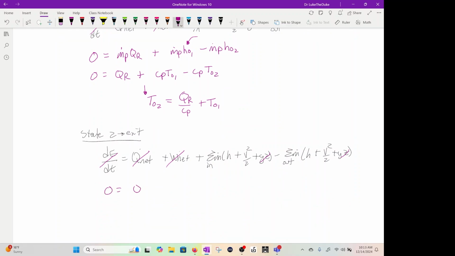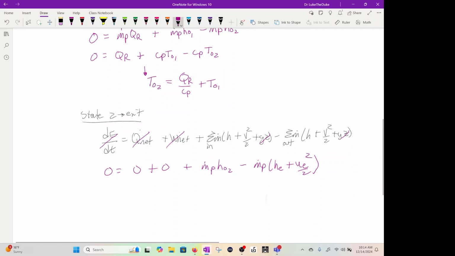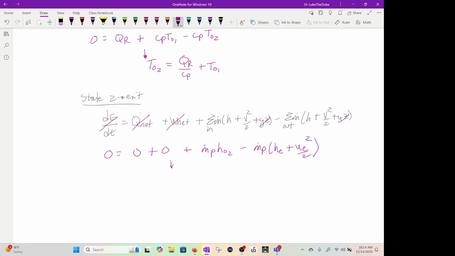So 0 equals 0 plus 0 plus m dot of the propellant times h naught 2 minus m dot of the propellant times he plus ue squared over 2. All right, we end up getting ue squared over 2 equals h naught 2 minus h2, because the mass of the propellant cancels.